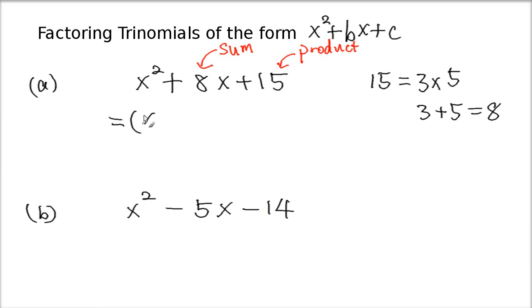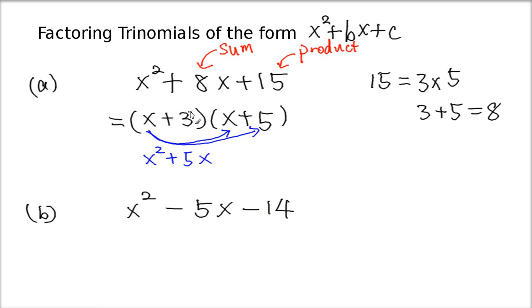Then the answer is x plus the first number 3 times parenthesis x plus the second number 5. So let's verify the solution. If you expand this out, we have x times x, which is x squared, and then x times 5, which is 5x, then 3 times x plus 3x, and then 3 times 5, which is 15.